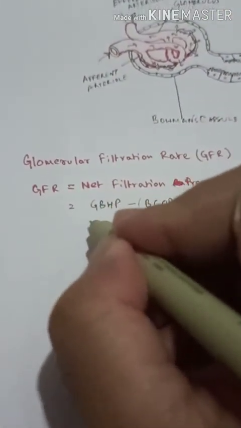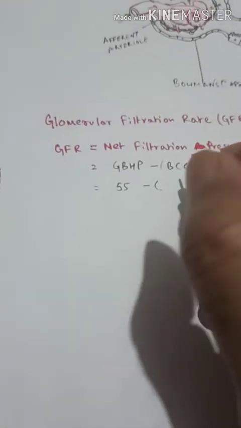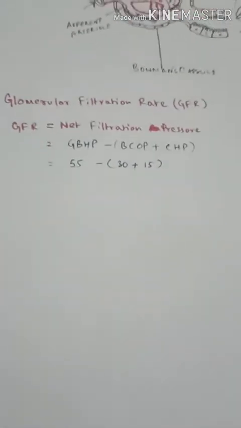The GBHP has been calculated as 50 mmHg, the BCOP is around 30 mmHg, and the CHP is around 15 mmHg.